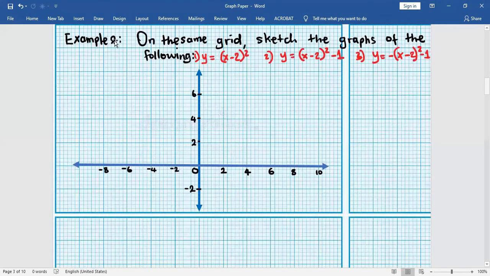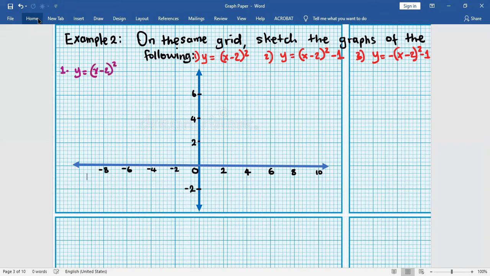Let's get another example to understand it very well. On the same grid, sketch the graphs of the following. Number 1, y equals (x minus 2) squared. So for question number 1, we have y equals (x minus 2) squared.